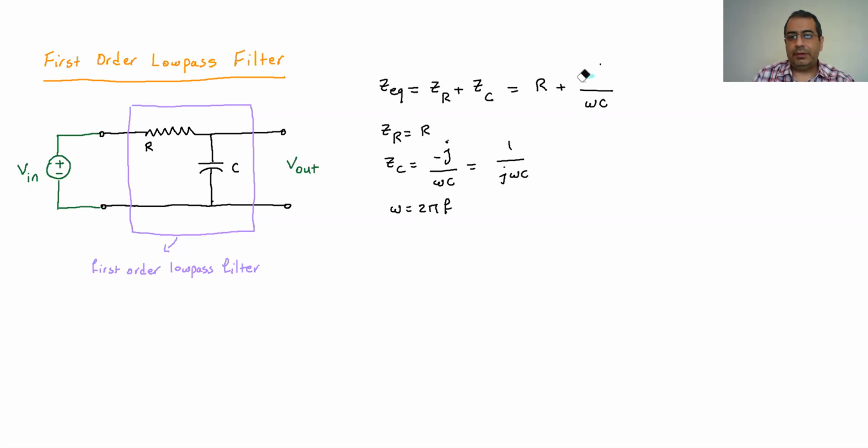Instead of having this, let's have it as 1 over J omega C. So it's going to be R plus 1 over J, and for the omega I put 2 pi f, so it's the omega, and then it's going to be the C. So this is the equivalent impedance for this system.